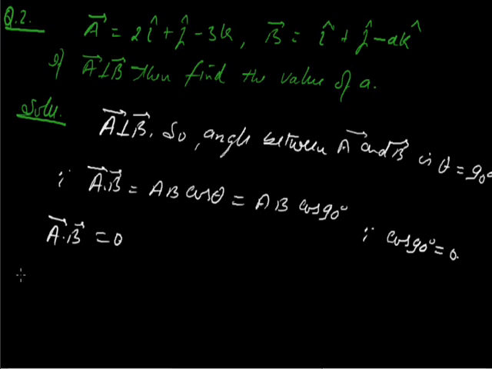So (2i plus j minus 3k) dot (i plus j minus ak) is 0.